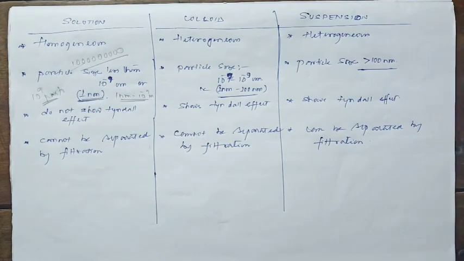It's 100 crore. If you imagine you have a 1 meter scale and could divide it equally into 100 crore parts, one part would be the size of 1 nanometer. So 1 nanometer is that small. So the particle size in a solution is less than 1 nanometer.